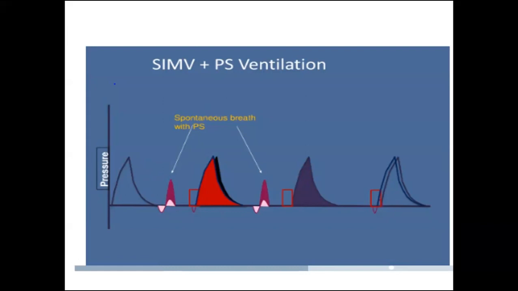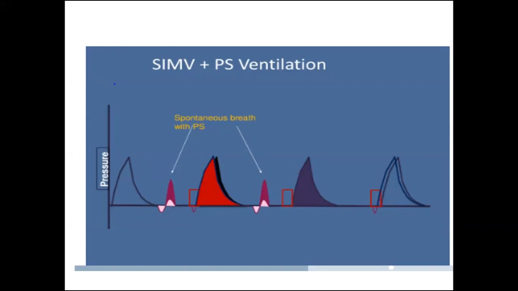Why would you decrease the rate to 20 and support all the breaths? What is the main advantage of letting the patient breathe spontaneously? We know. You are allowing the patient to do work so that you can wean the ventilator off. But if you're supporting the spontaneous breath the same as the mandatory breath, there's no point in decreasing the rate. You can just increase the rate so that all the breaths get the same tidal volume.